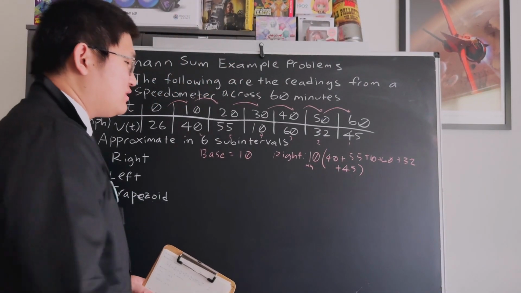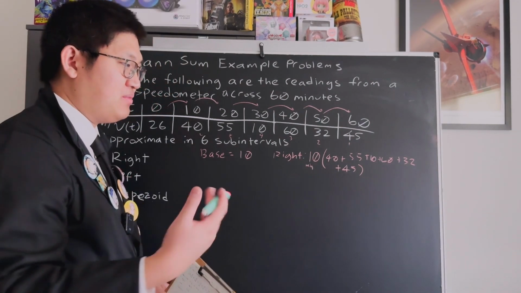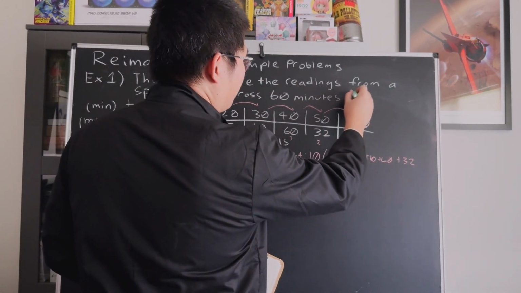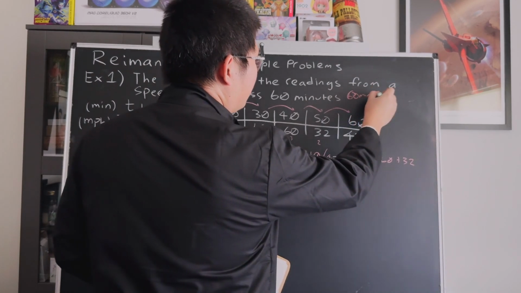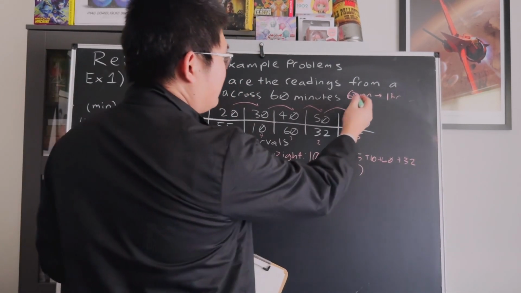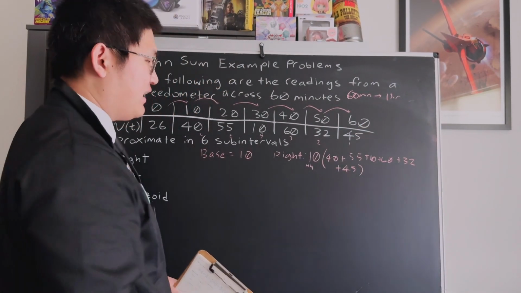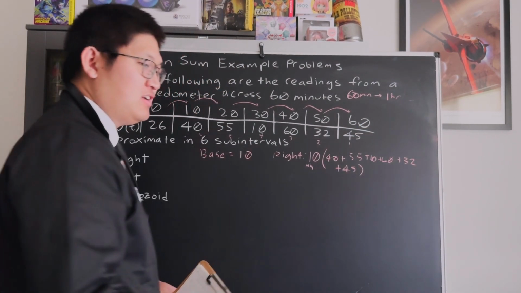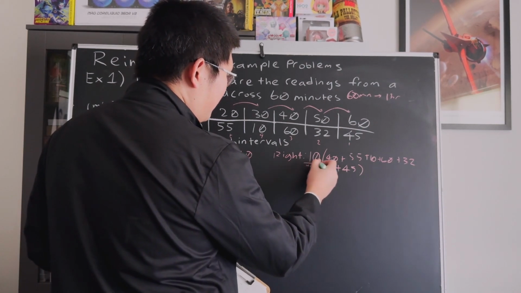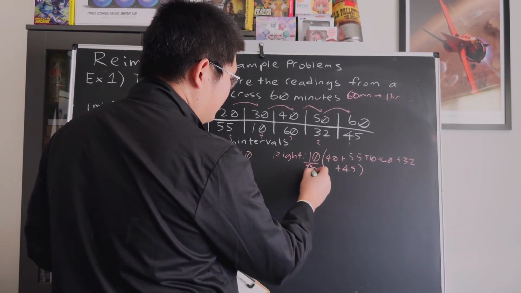There are 60 minutes in 1 hour, so we need to divide by 60 to get back into hours, which is a much larger unit than the minutes we have.